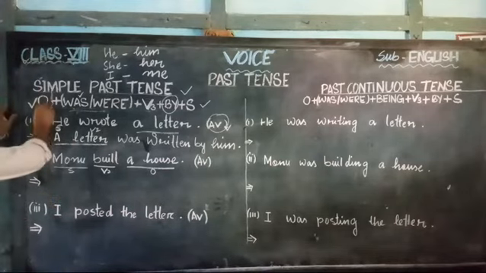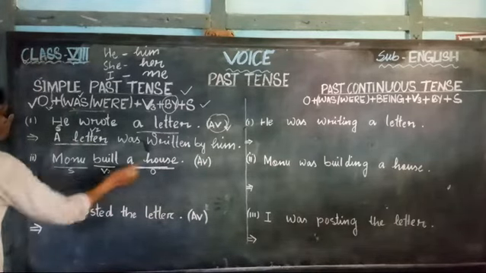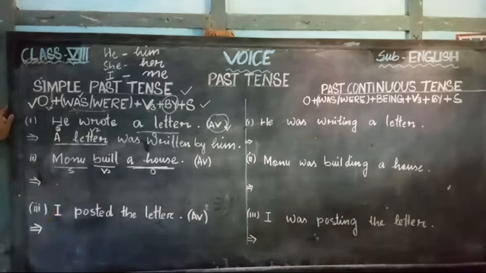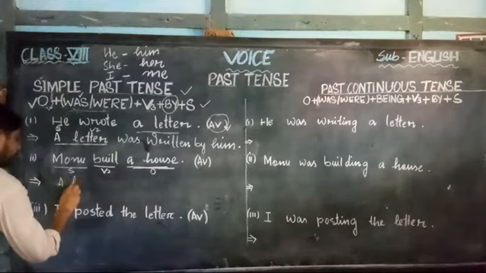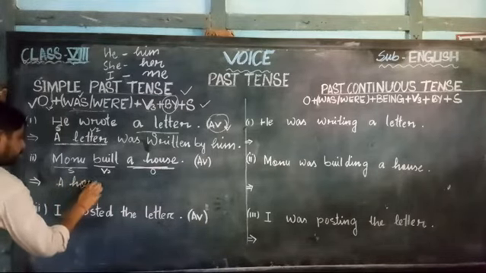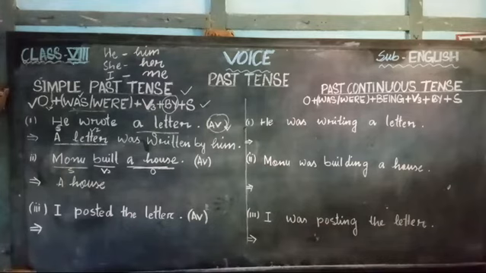So bring this a house here, because in the rule the object comes first. So a house we can write. Now is a house singular or plural? Singular, right? Singular then was, plural then were.